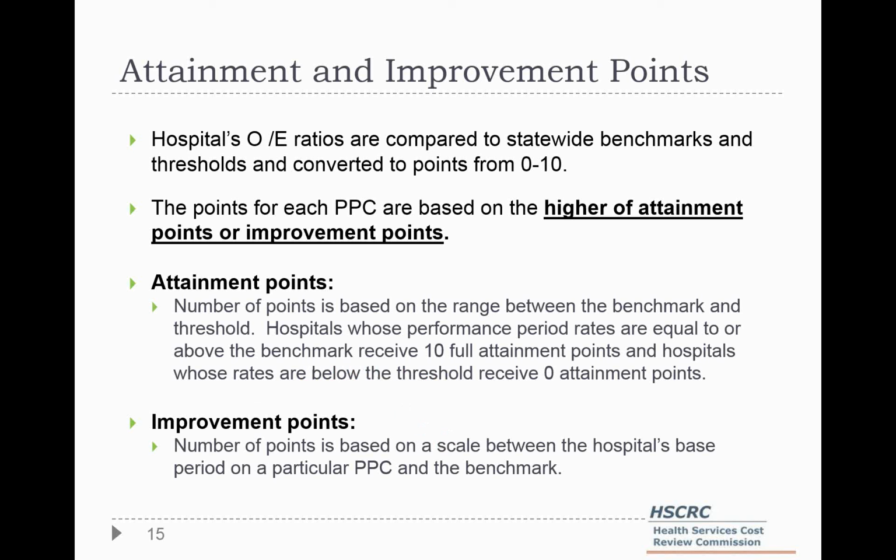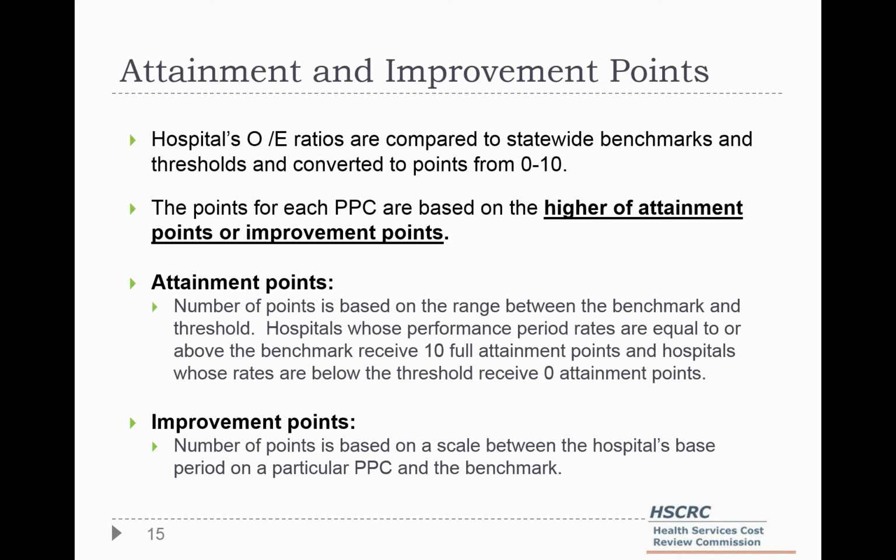All right, for improvement, the number of points is based on a scale between the benchmark and how you did in the previous year. So if the performance rate is equal to or below the benchmark, you receive full improvement points.